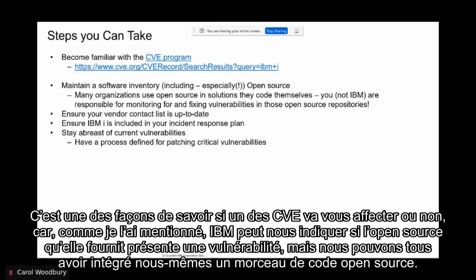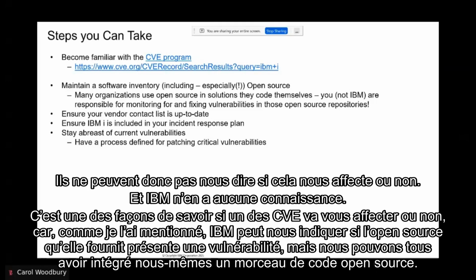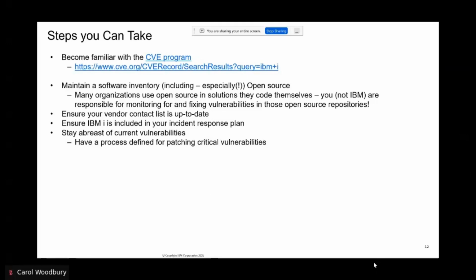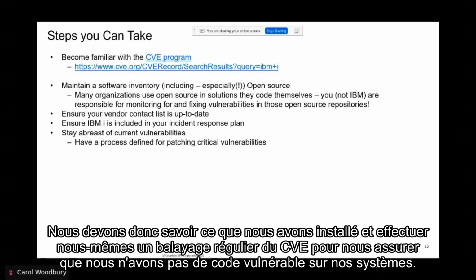So they cannot tell us if it affects us or not. So we need to know what we have installed, and we need to do a regular scan of the CVEs ourselves to make sure that we don't have vulnerable code on our systems.